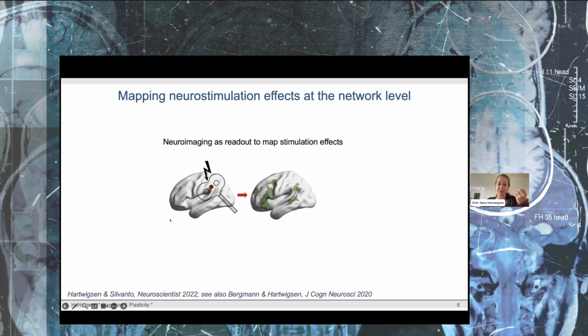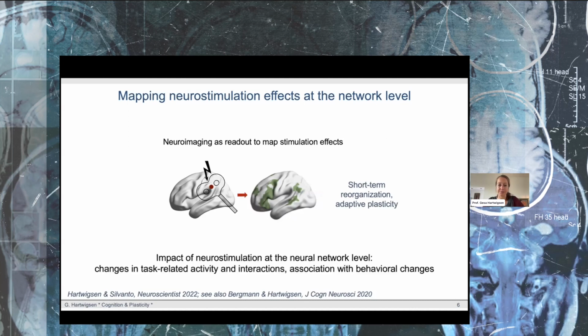And then I can, for example, inhibit a language area and then map the induced changes at the network level with fMRI. And this gives me insight into what is called short-term reorganization or adaptive plasticity. That is how the brain responds or adapts to a focal perturbation.